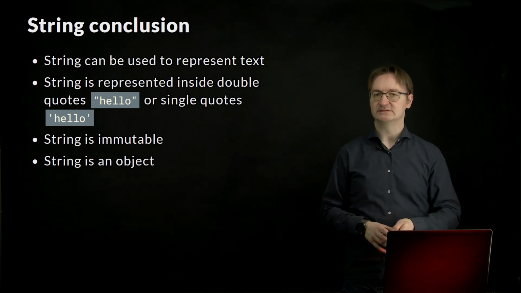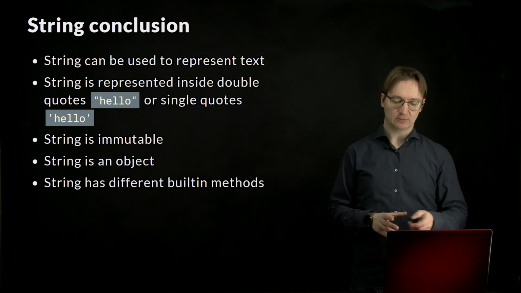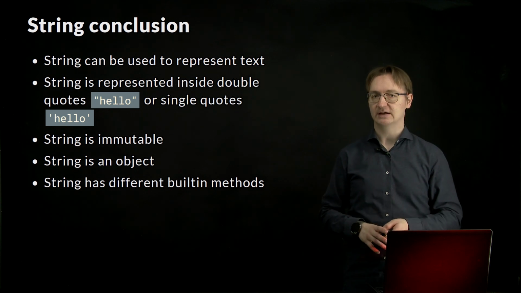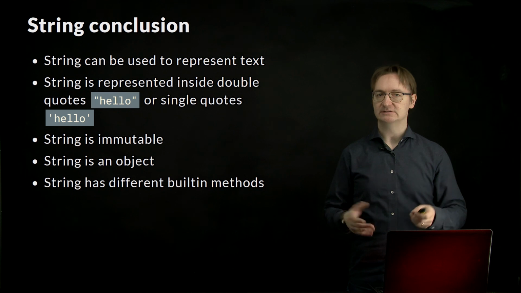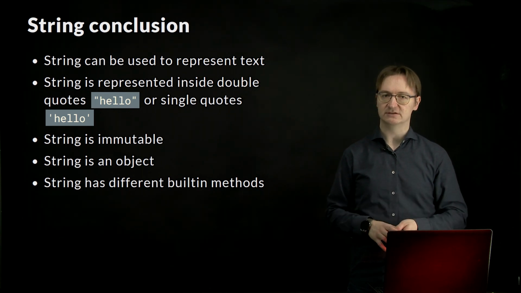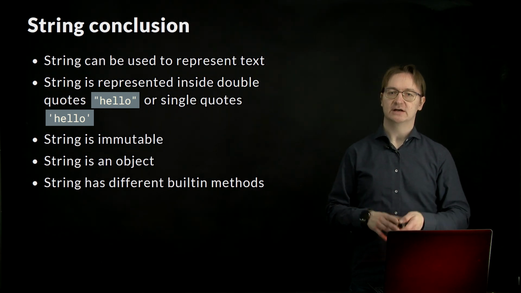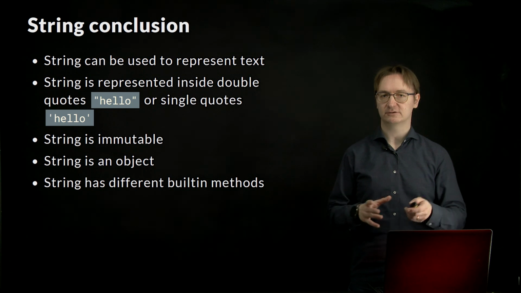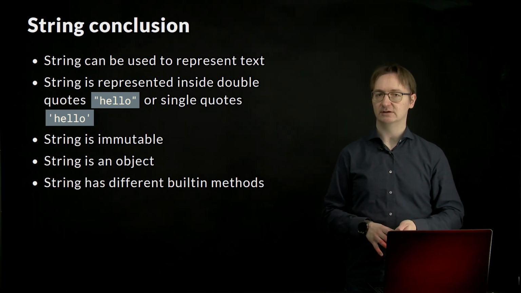But we will cover this later on. And as was pointed out, the string has different built-in methods, so we can make it lowercase, we can find out where some substring is located inside the string, we can count some symbols, and so on. So basically there is a lot of functionality already built into Python and you can use it freely.